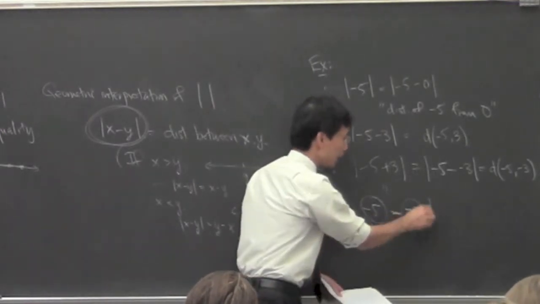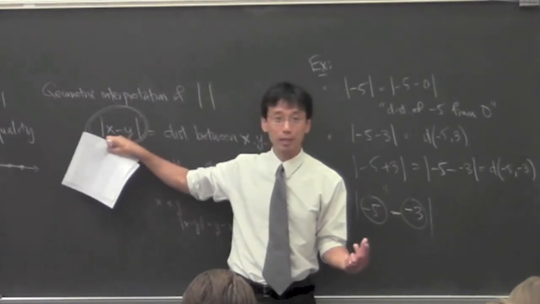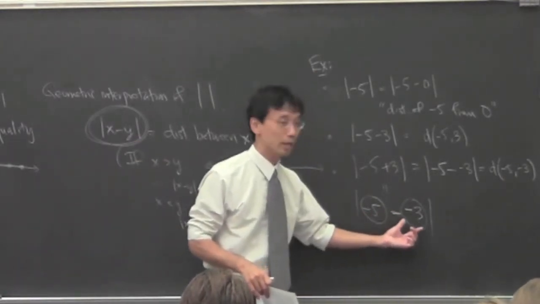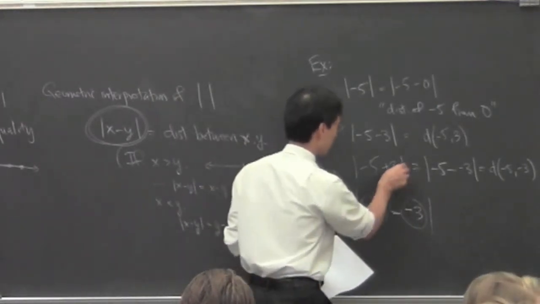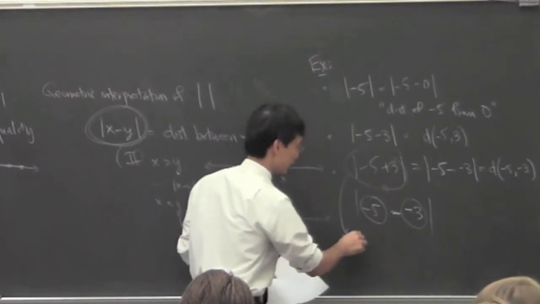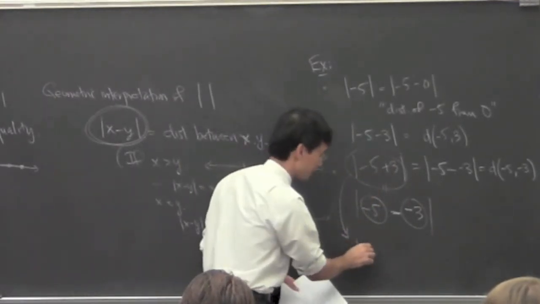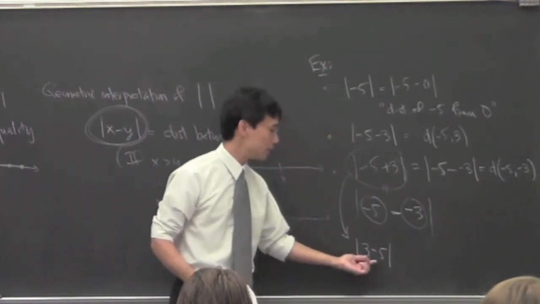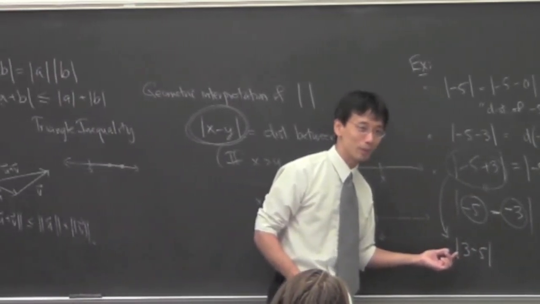Now it looks like what I need it to look like, x minus y. So this is the distance between this guy and this guy. Or you could turn it around: negative 5 plus 3 is 3 minus 5, so this is the distance between 3 and 5. Does that make sense?